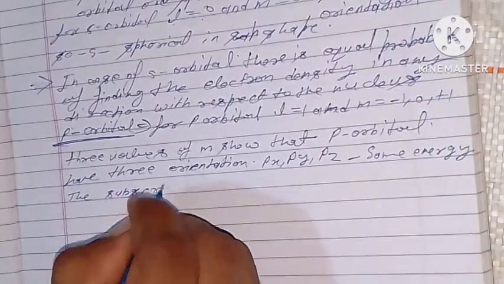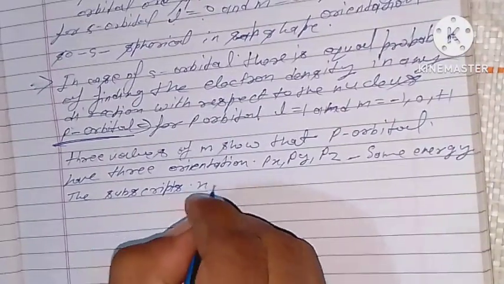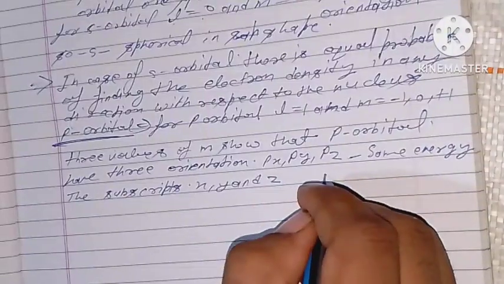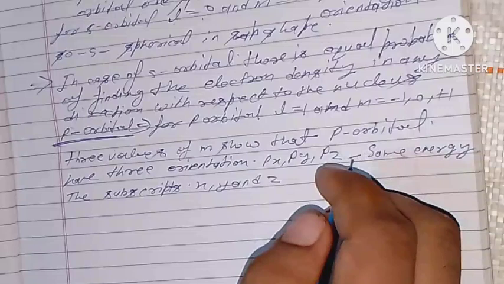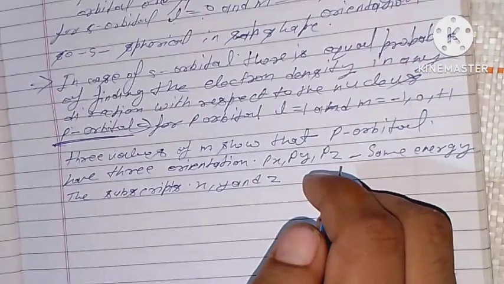The subscripts x, y and z refer to the coordinate along which maximum electron density lies. These three orbitals are three-fold degenerate or triply degenerate.